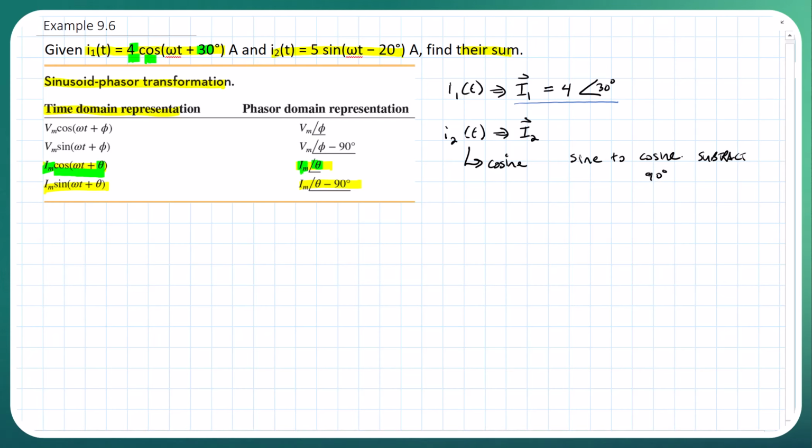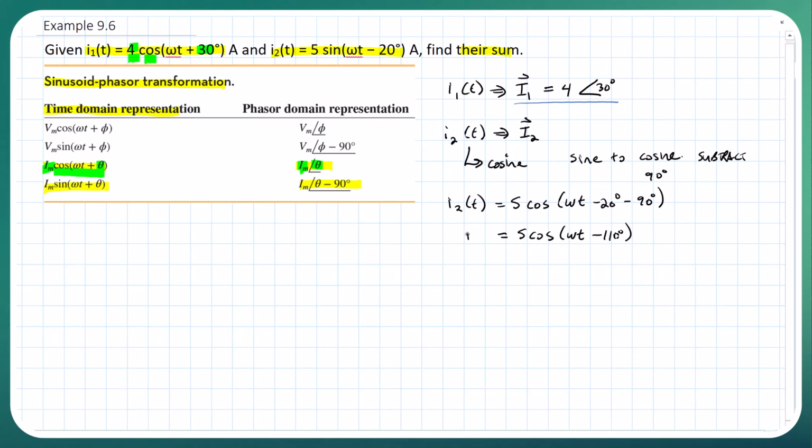So I2 of t is equal to 5 cosine omega t minus 20 degrees minus 90 degrees. That's what we added to it here, and that's going to give us 5 cosine omega t minus 110 degrees.